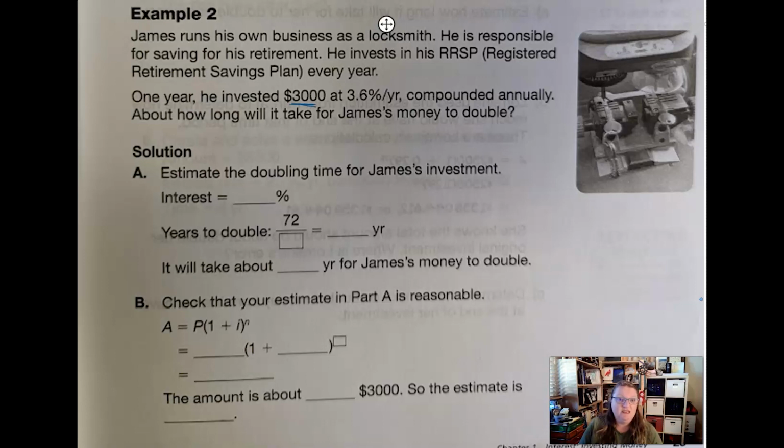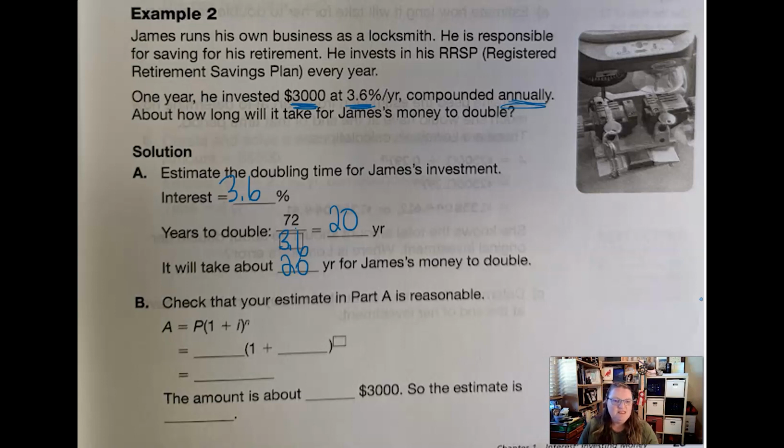So here are your key takeaways: 3,000, 3.6, compounded annually. How long is it going to take for his investment to double? So your interest is 3.6%. So the years to double is 72 over 3.6, which is 20 years. So it's going to take about 20 years, and his $3,000 turns into $6,000.